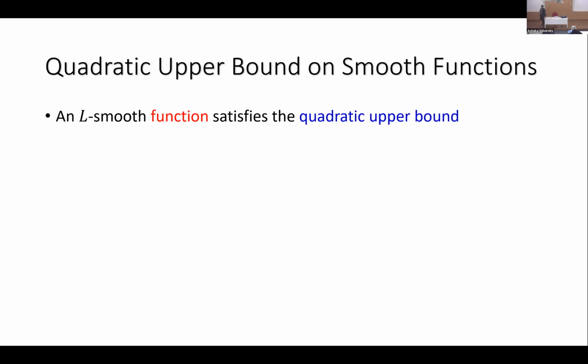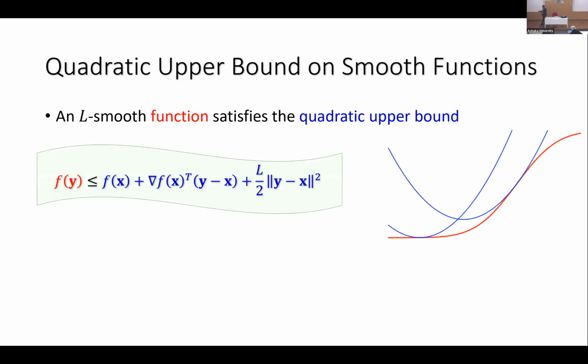Smoothness, if you remember, means the gradient does not change very quickly. What does it imply about the original function? The function also does not change very quickly. In fact, because the gradient does not change quickly, the function is upper and lower bounded by a quadratic function, right? An L-smooth function satisfies the quadratic upper bound.